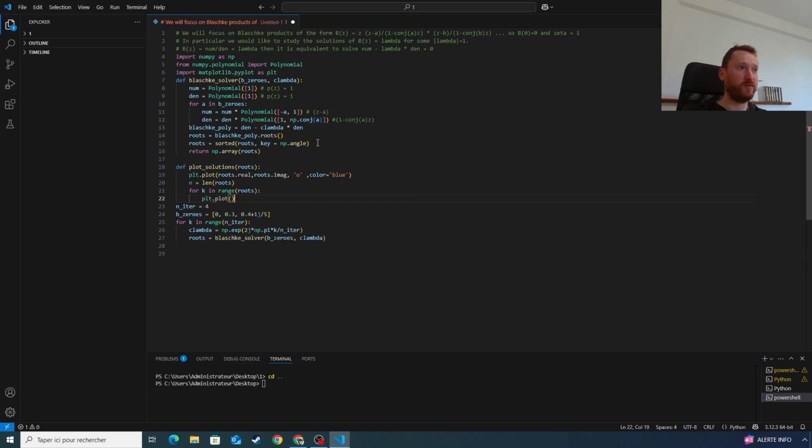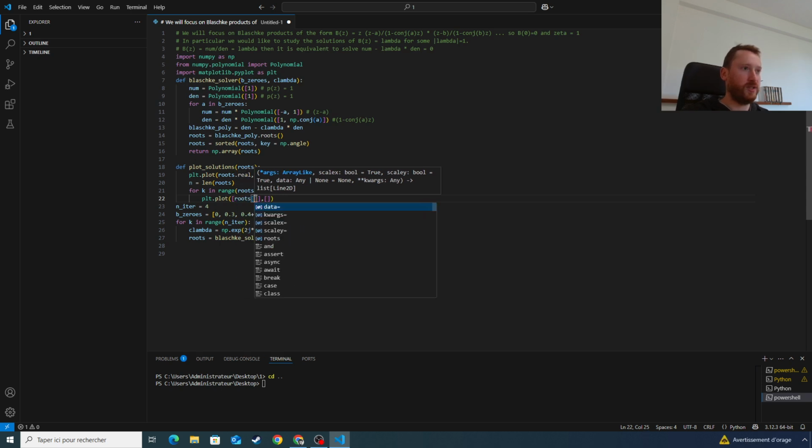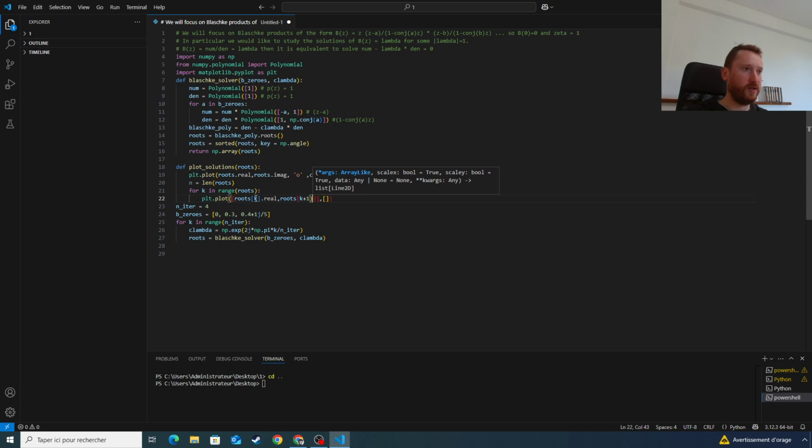and we plot the link between root k and root k plus 1 reduced modulo n, the size of the number of elements in roots. Roots k.real, roots k plus 1 reduced modulo n.real.